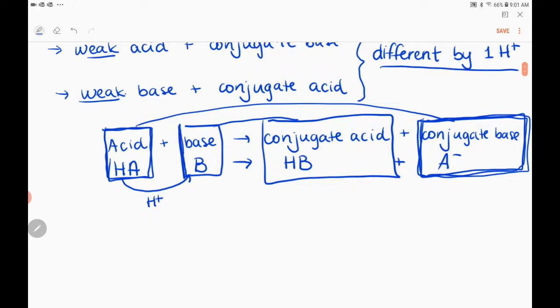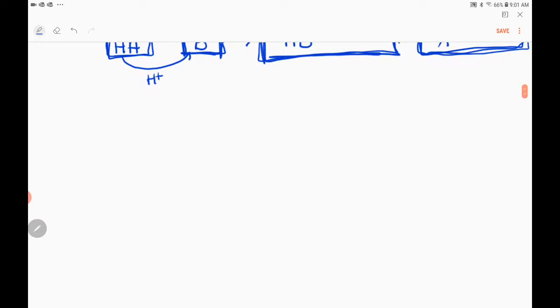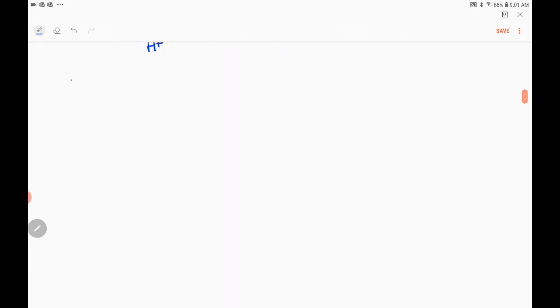Similarly, if we had a weak base that doesn't fully ionize and its conjugate acid, we can make a buffer out of those two components. Okay, it's really important to note that strong bases and strong acids cannot do this. You cannot use those for buffers.